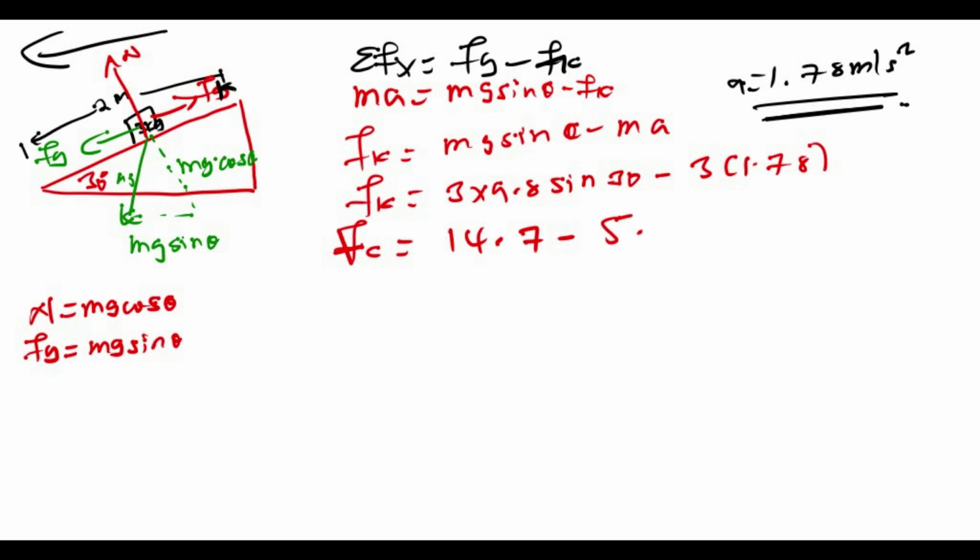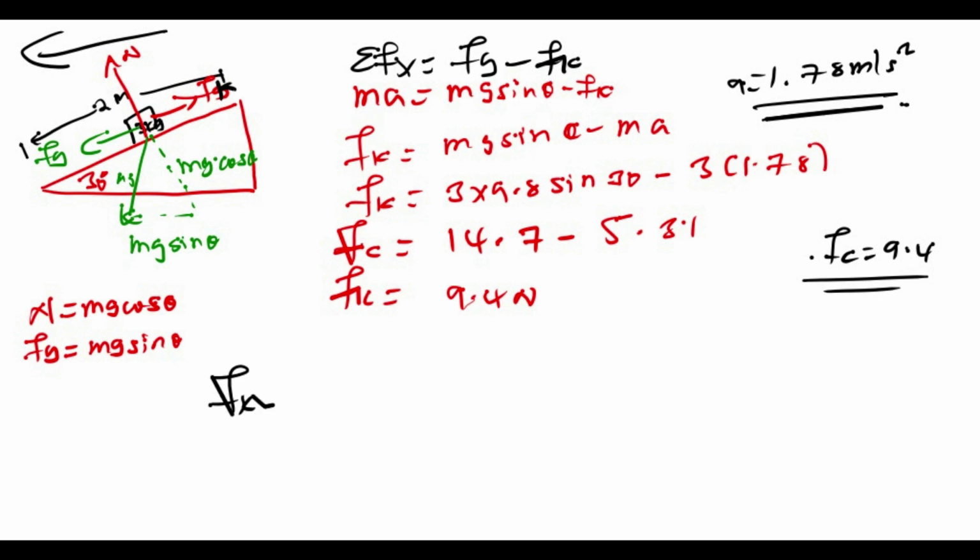So if we do minus, we should be able to get 9.36, which is about 9.4 newtons. So I have got my friction force, 9.4. If you want, you can leave it as 9.36. Now that I have this, I know that friction force is equal to mu times the normal force.